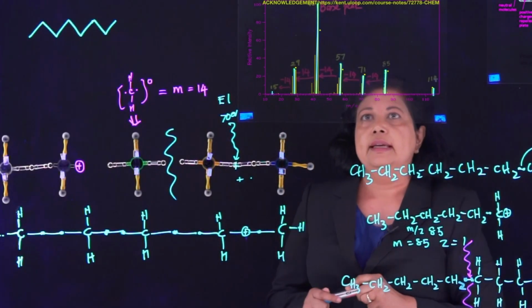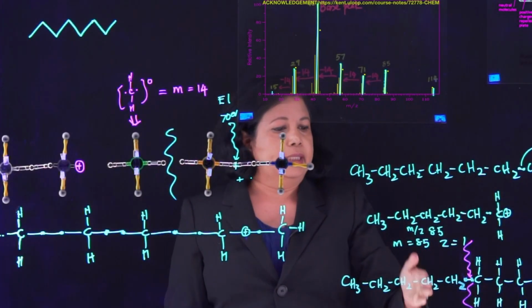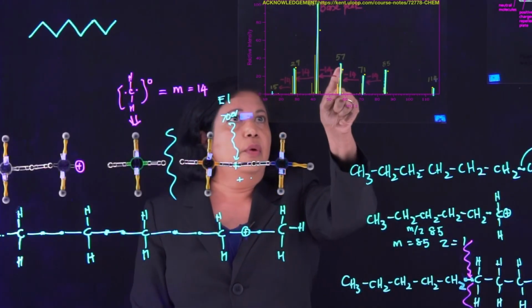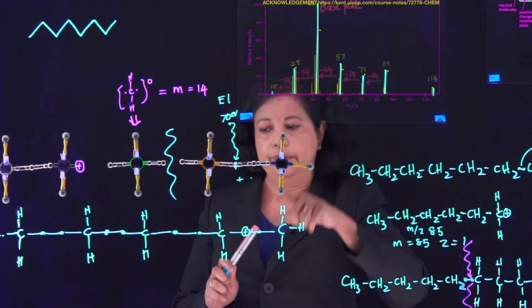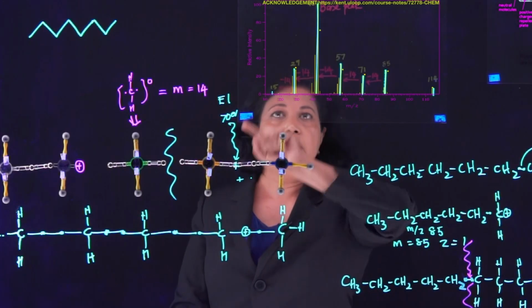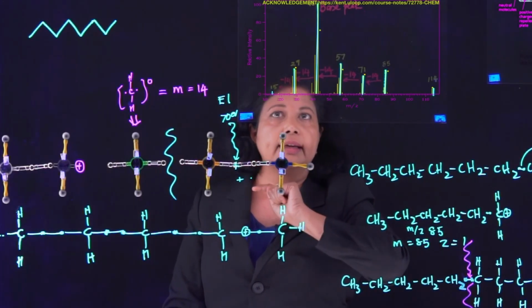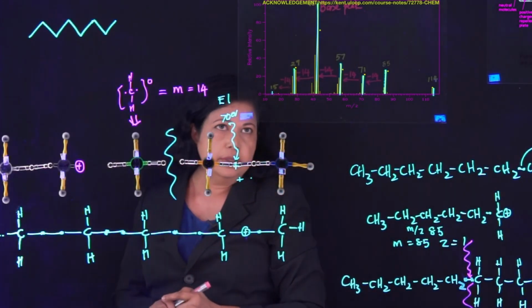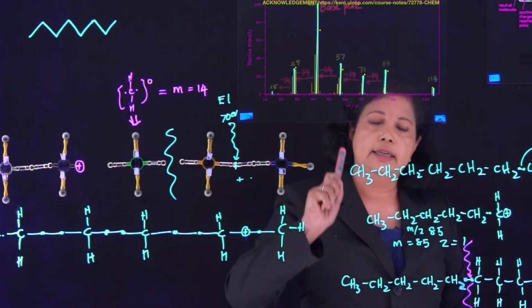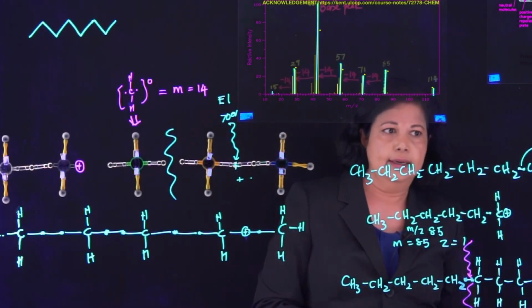And you can see, when you break this up here, if you get 4 carbons, you're going to get 57. If you get 3 carbons, 43. 29 is going to be your ethyl cation, and 15 is going to be your methyl cation.